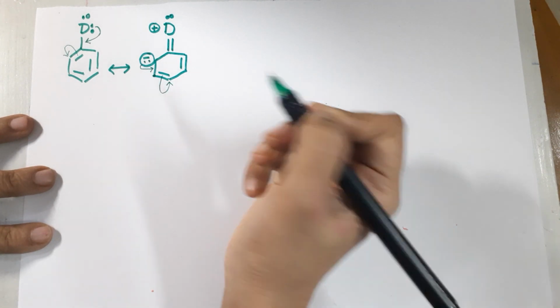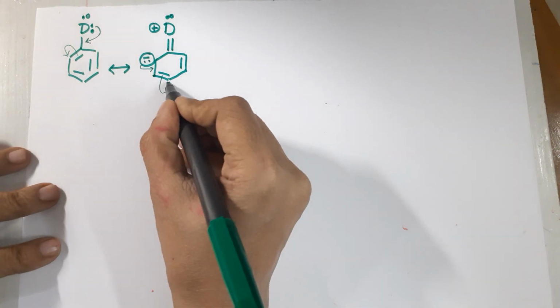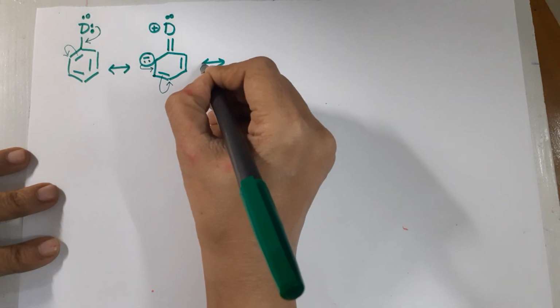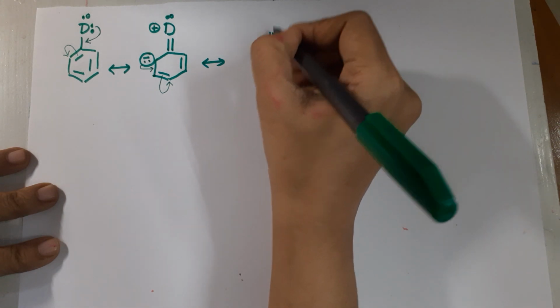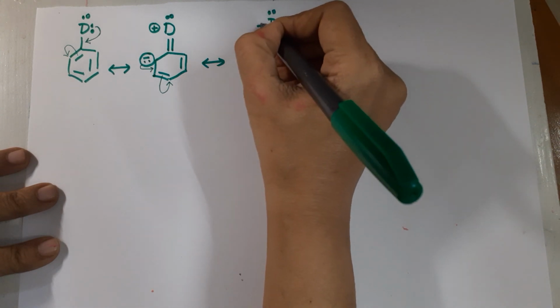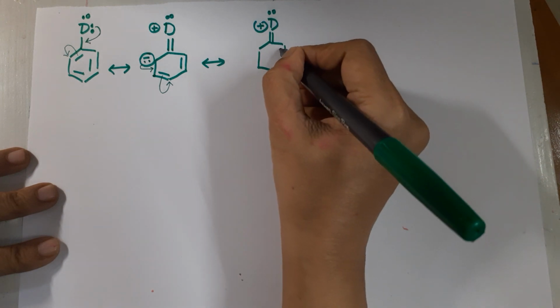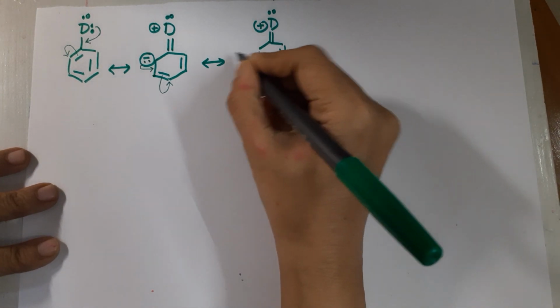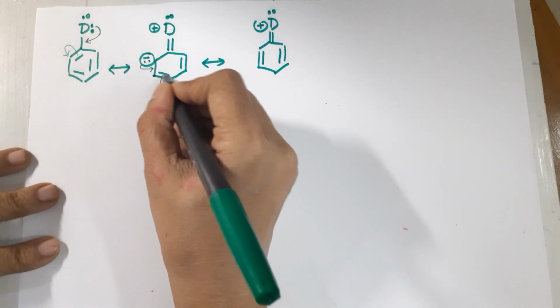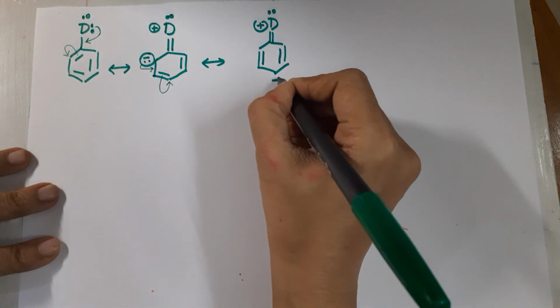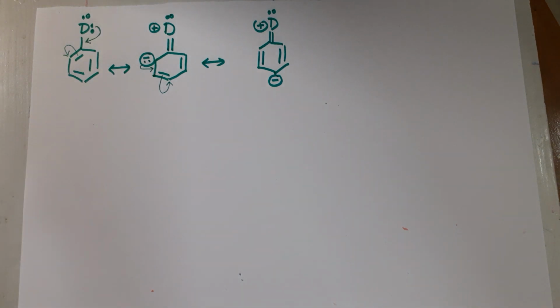The easiest to break is your pi bond. So this pi bond breaks and the electron goes to the bottom position. So the next resonating structure would look like this. Nothing changes here. Nothing changes here. A new bond is formed here and this bonded pair of electrons goes to this carbon, which from now onwards I would represent by a negative sign.